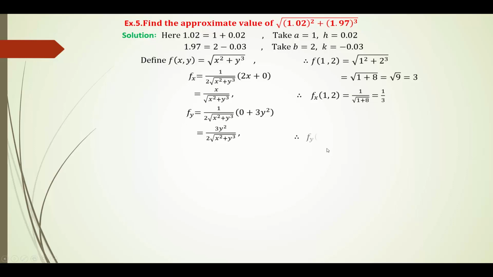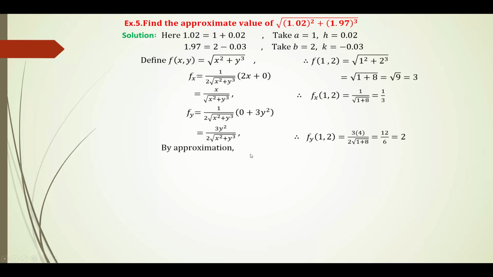Then find fy at point (1,2). Put x is 1, y is 2. So 3 into 2 square is 4, 3 times 4 is 12, upon 2 into the square root of 1 square plus 2 cube, which is 8. Root 9 is 3, 2 into 3 is 6. 12 upon 6 is equal to 2.